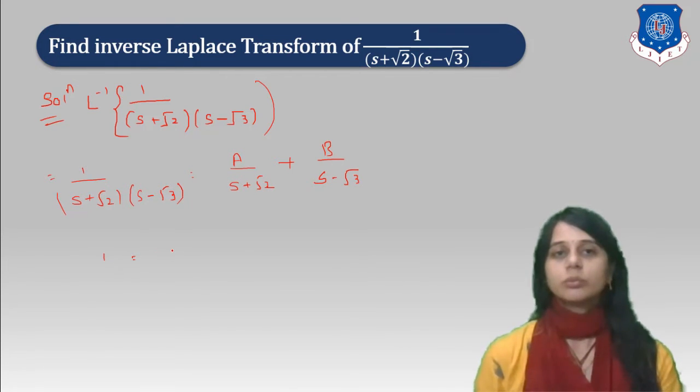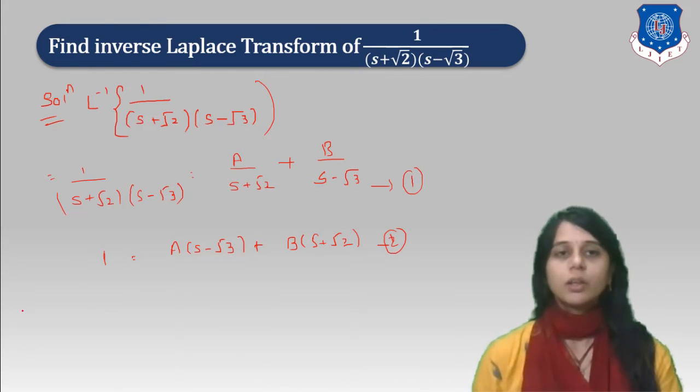So 1 equals A(s minus root 3) plus B(s plus root 2). This is our equation 1, and this is our equation number 2. Now we take s equal to plus root 3, because here we have the factor s minus root 3, so we take the positive value of that.